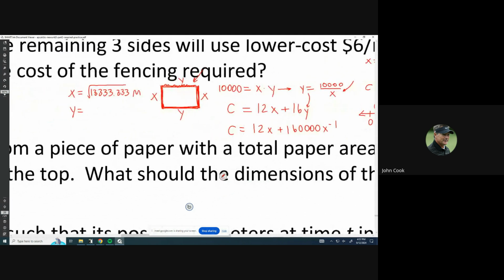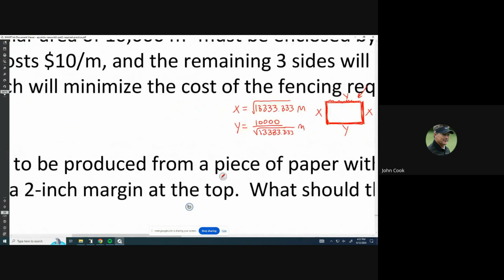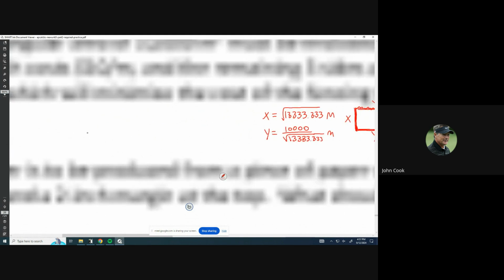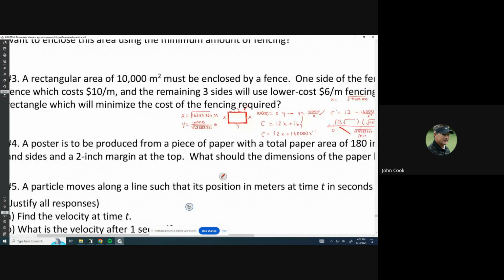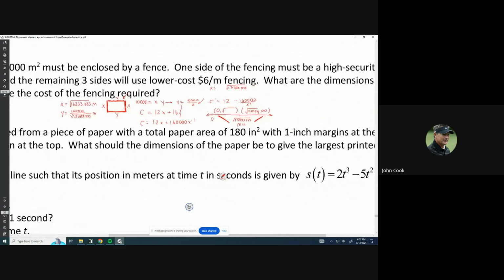So 10,000 over the square root of 13,333.333, and that's also going to be a value in meters. And then, does it say to find the dimensions that will minimize the cost, or does it tell me to find the minimum cost? It says find the dimensions.